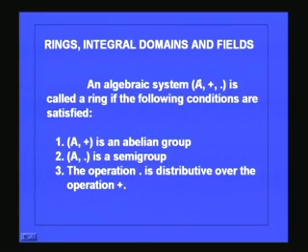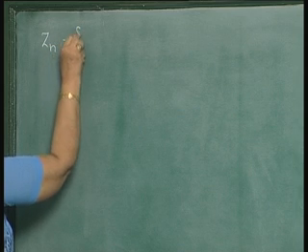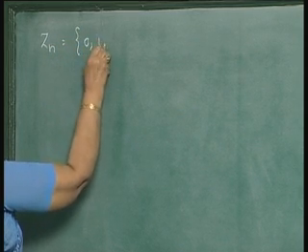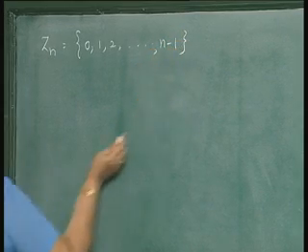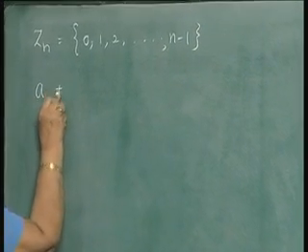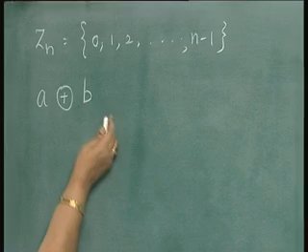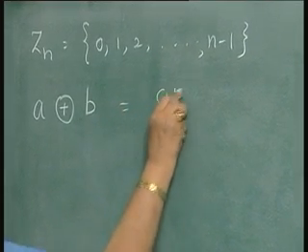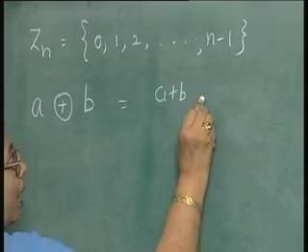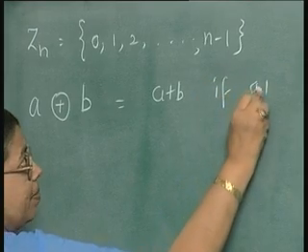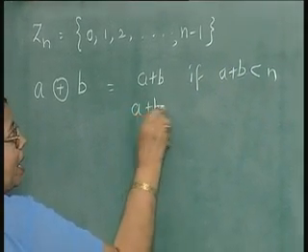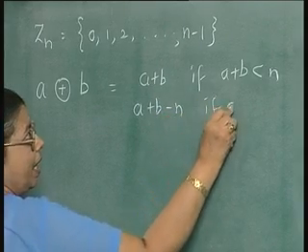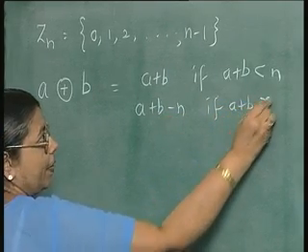An example of that will be, consider Zn, which is integers from 0 to n minus 1, and A plus B mod n addition equal to A plus B if A plus B is less than n. This is equal to A plus B minus n if A plus B is greater than or equal to n.